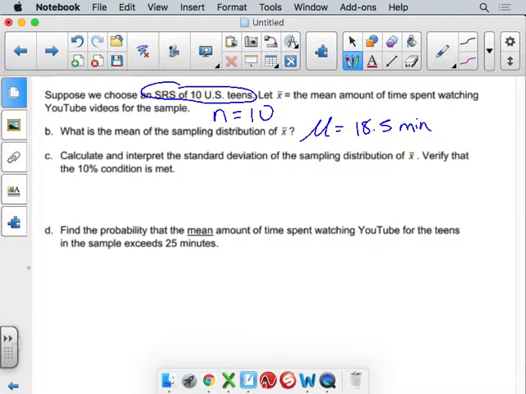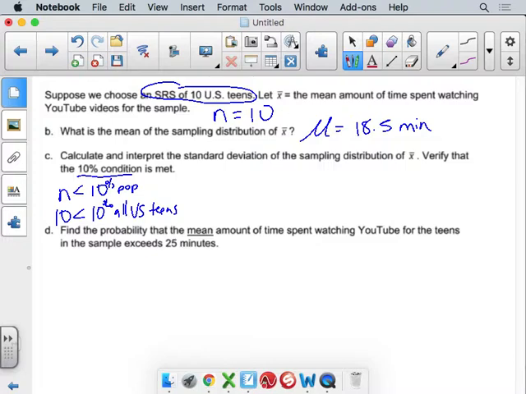Calculate and interpret the standard deviation, and verify the 10% condition, which concerns our sample size. Is choosing 10 kids less than 10% of all US teens? Maybe.